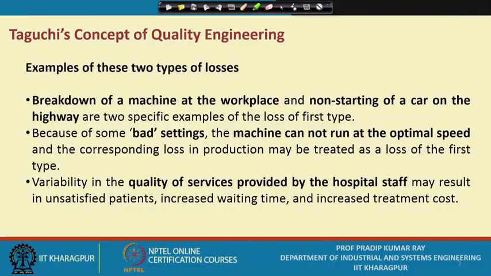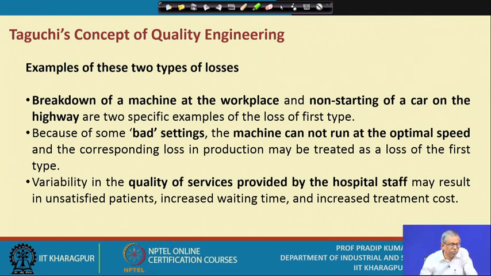So because of some bad settings, so process settings essentially, the machine cannot run at the optimal speed and the corresponding loss in production may be treated as a loss of the first type. So this always happens in fact.